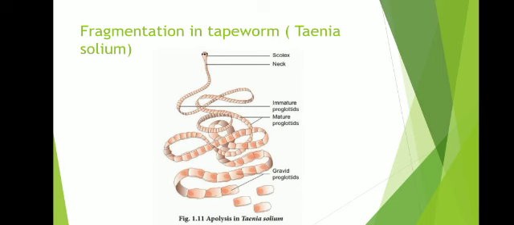In Taenia solium, the gravid proglottid, the oldest one at the backside, is regularly cut off, either singly or in a group, from the posterior end by the process called apolysis.